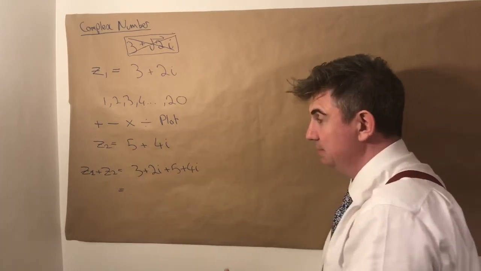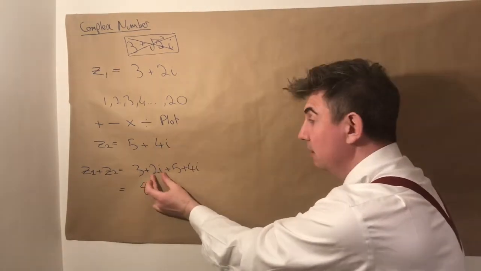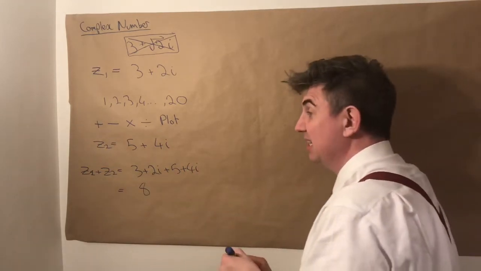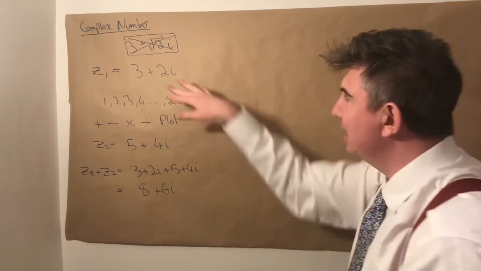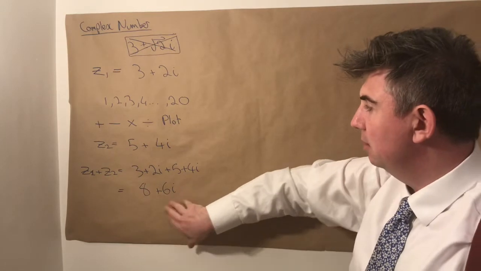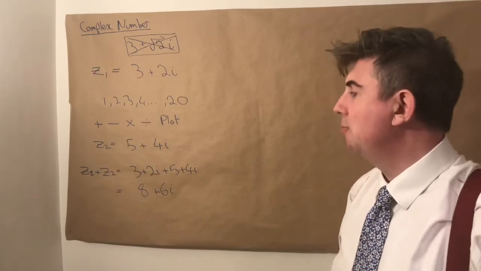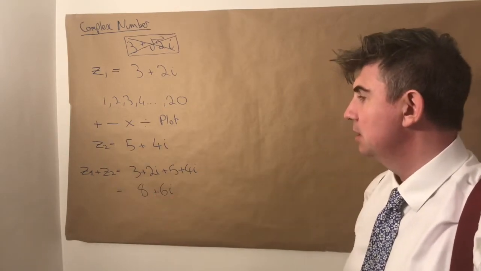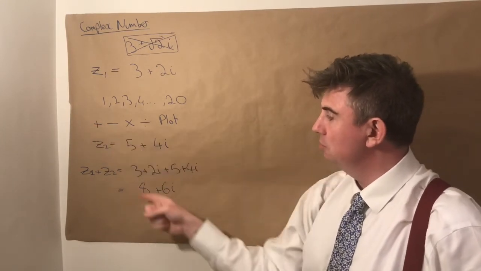So that's going to give us 8. And we have 2 i's here, and we have 4 i's there. So we can add these two together, and that's going to give us 6i. So when we add this complex number onto this complex number, we get this number here. Is that number a complex number? Yeah, because it has a real part and it has an imaginary part. So that's a complex number. So we've made this complex number through the operation of addition.